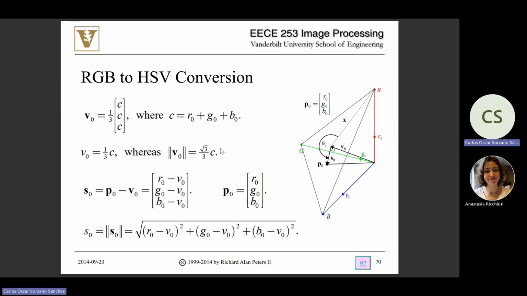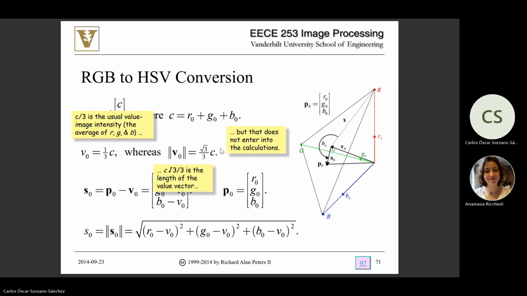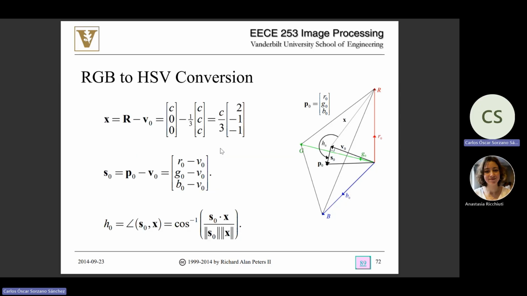Then you compute the difference, the saturation vector is this one. And then you have to compute the module of the saturation vector, that is this. And now the angle. The angle is between, we said, the gray point and the red vector. So what is the red vector?